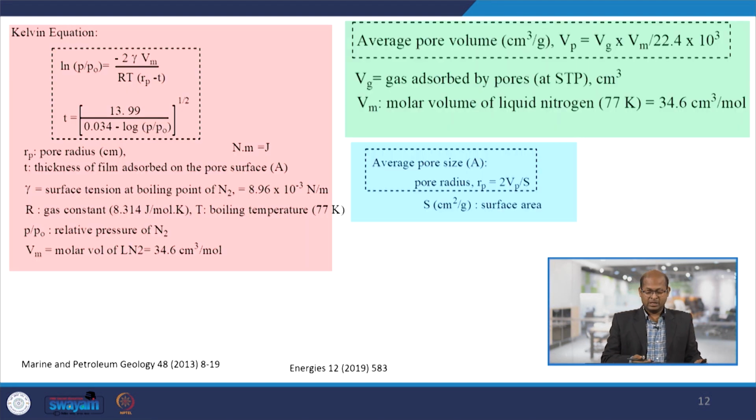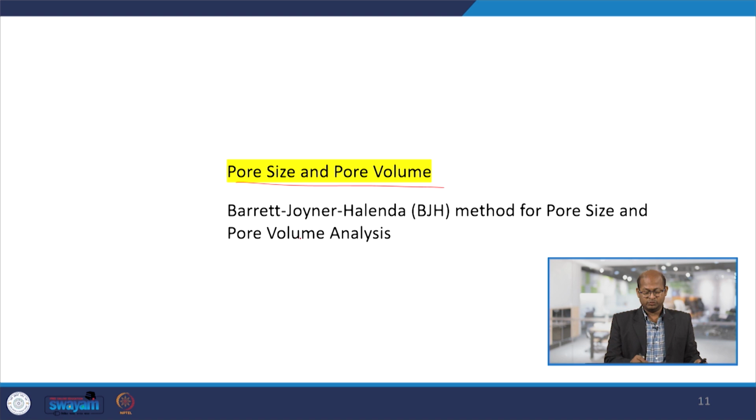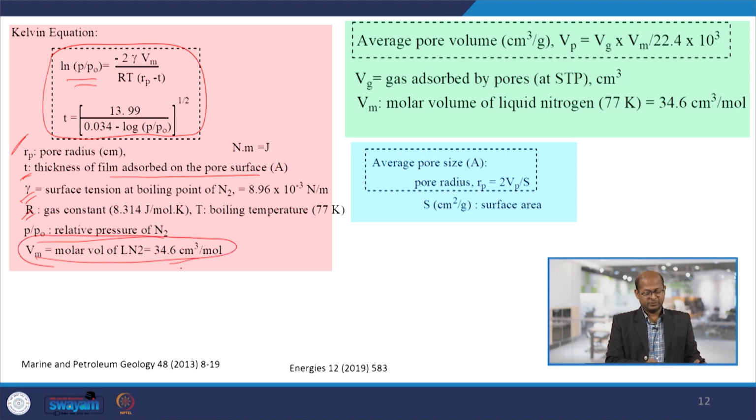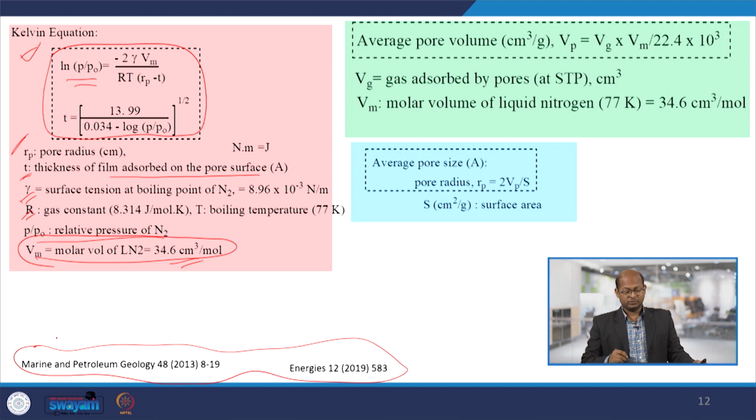We will discuss that. Pore size and pore volume we can also measure, but using the BJH method, and here this equation is there. ln P by P naught is the relative pressure, gamma is the surface tension, R is the gas constant, Rp is the pore radius, t is the thickness of the film adsorbed on the pore surface, and Vm is the molar volume of nitrogen at 77 kelvin.